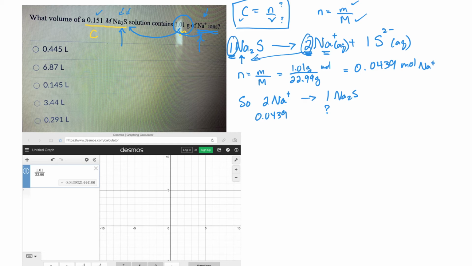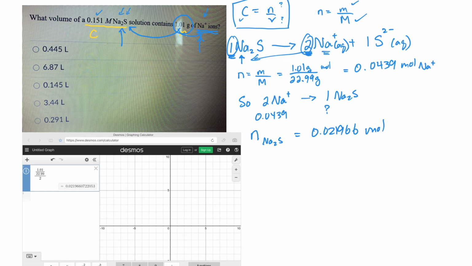So I go over to my decimals and divide that by 2. The number of moles of sodium sulfide is equal to 0.021966, etc. moles.